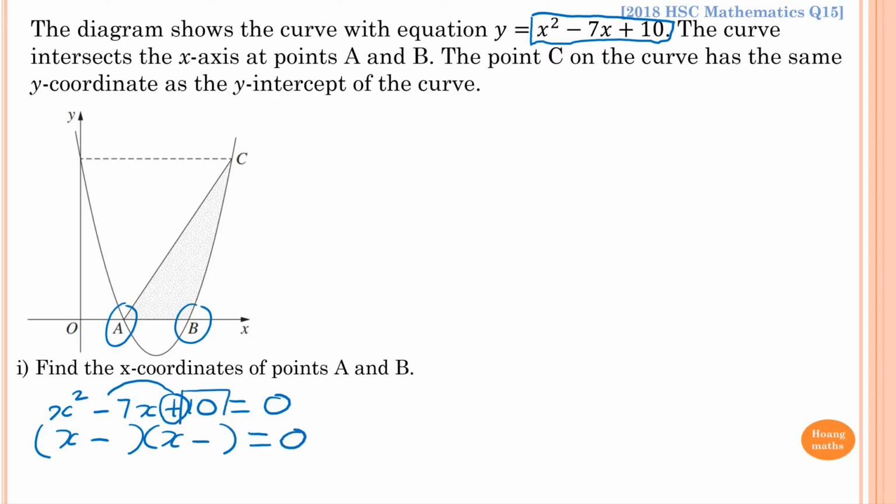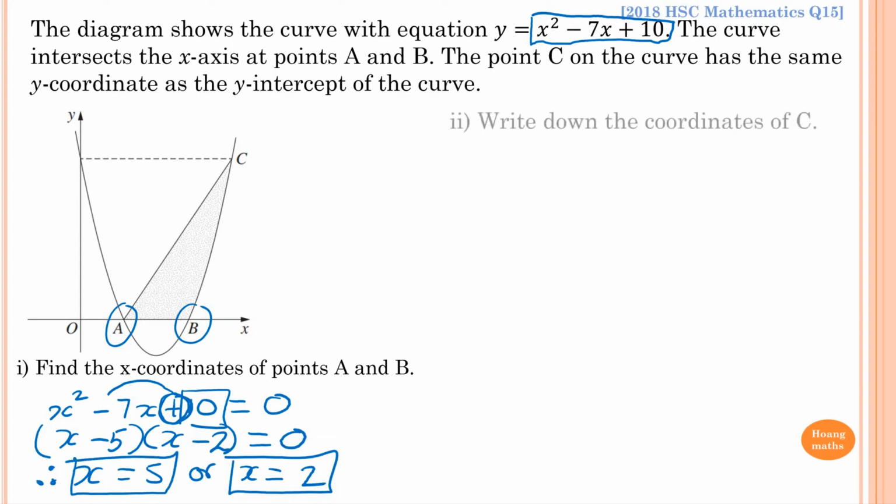What times what gives me 10 and adds to give me 7? 2 and 5. I can write 5 and 2 here as well, because both are the same. So therefore x is equal to 5 or x is equal to 2. So the x coordinate of A is 2 and for B is 5.